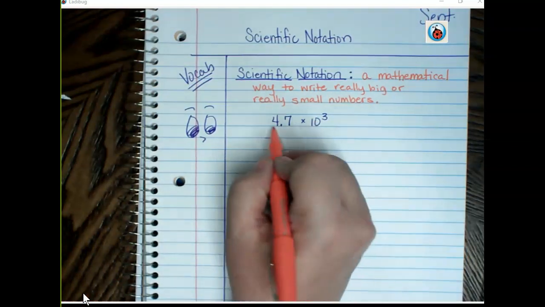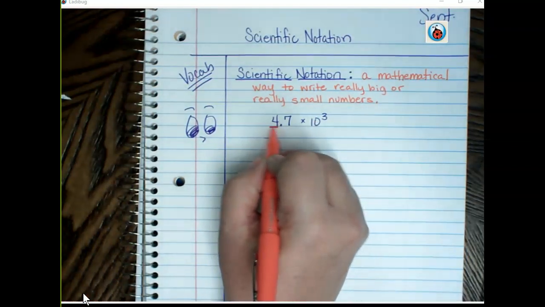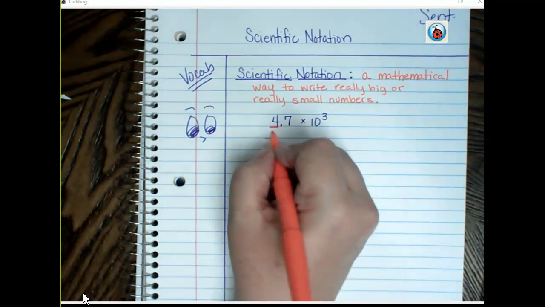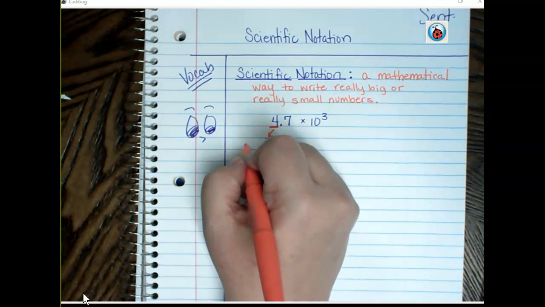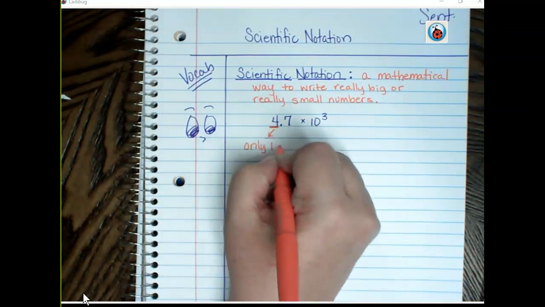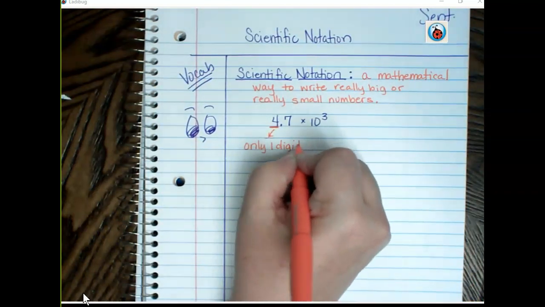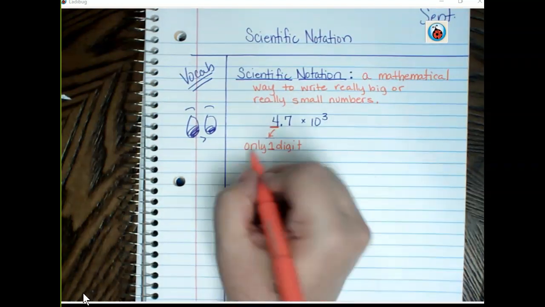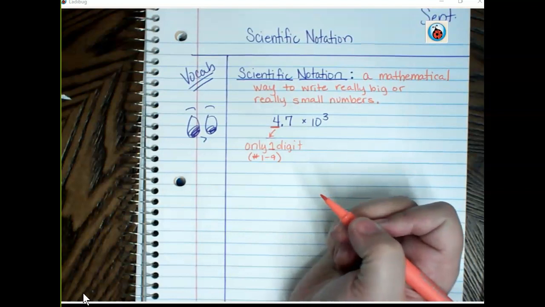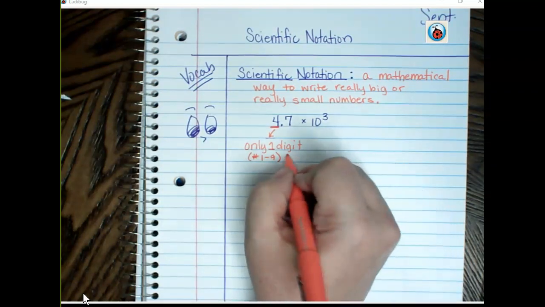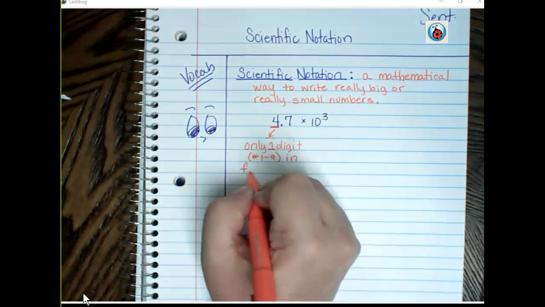The first one is this first digit right here in front of the decimal. In order for it to be in scientific notation, it can be only one digit. And so it has to be the numbers 1 through 9 in front of the decimal.